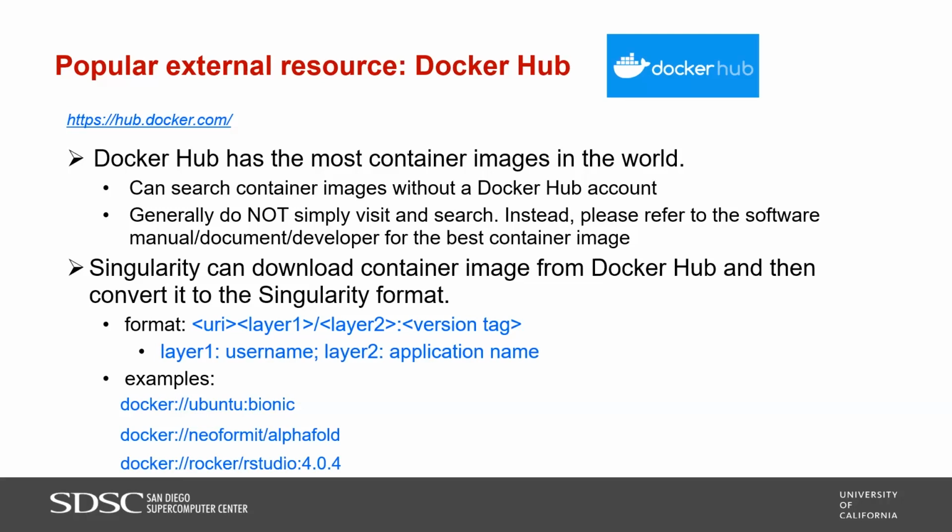So you just visit their GitHub, and they have already added instructions about how to get their official Singularity image or Docker images there. So you just follow those instructions and get your image. Once you decide which images to get, you can let Singularity download those container images from Docker Hub with a format like this.